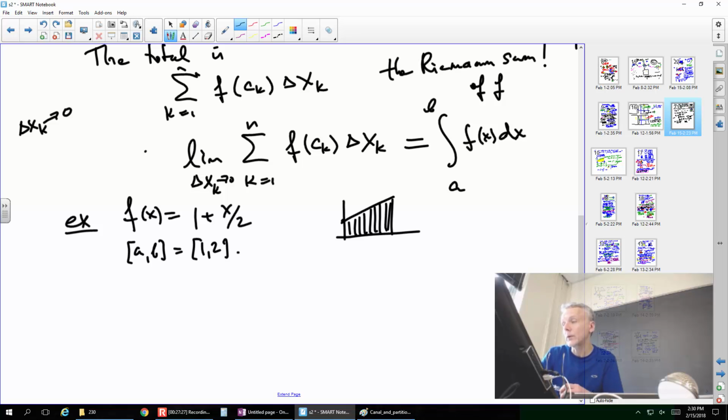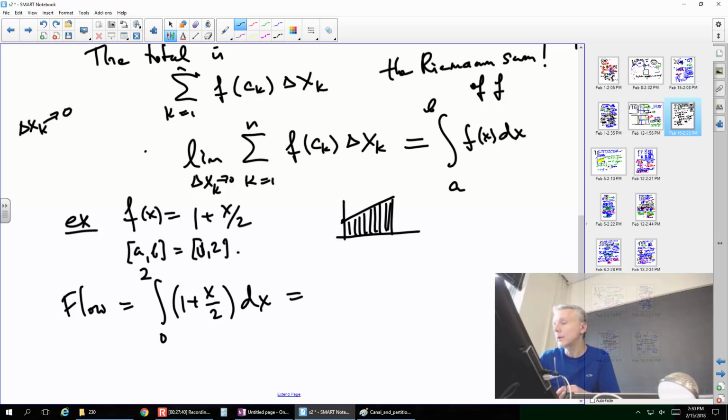The flow then is the integral from 0 to 2 of 1 plus x over 2 dx. Integrate: x plus x squared over 4, from 0 to 2.